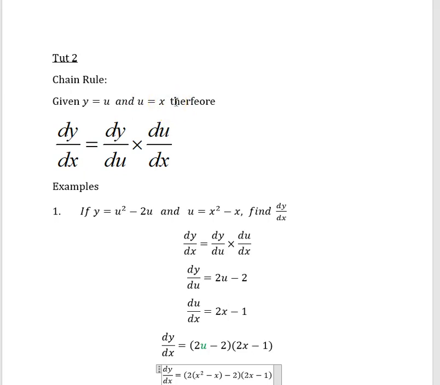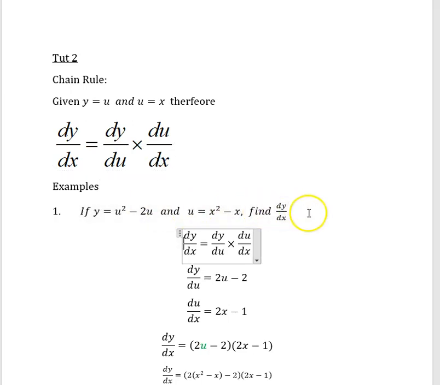Now the chain rule says it's a function of a function rule, which means that I can substitute this back here and I differentiate them individually, dy du times du dx. If I do that and multiply them together, you see the du here will cancel out, so I'm still going to have my dy dx. Let's look at an example.